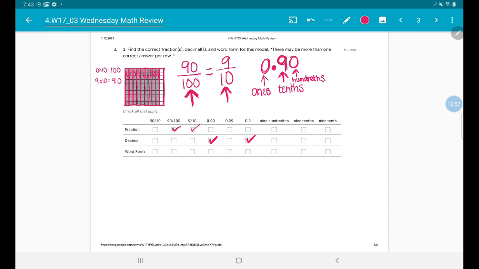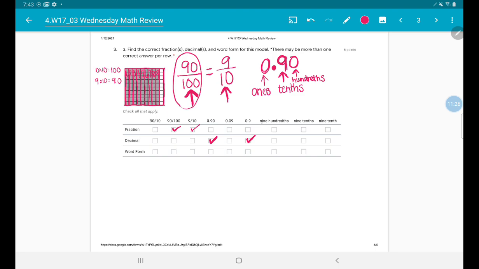Now we're going to look at the word form. And just like when we're writing the word form of whole numbers, when we write word form of fractions and decimals, we say it just the exact way that we would read the number. So if I read this first fraction, that's 90 hundredths.